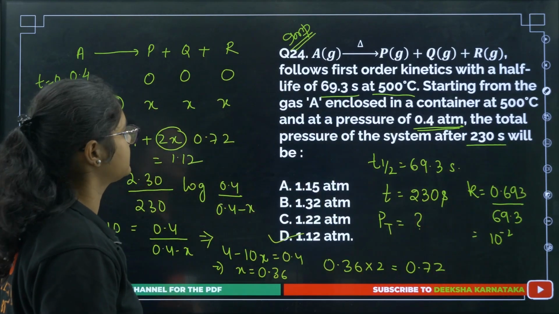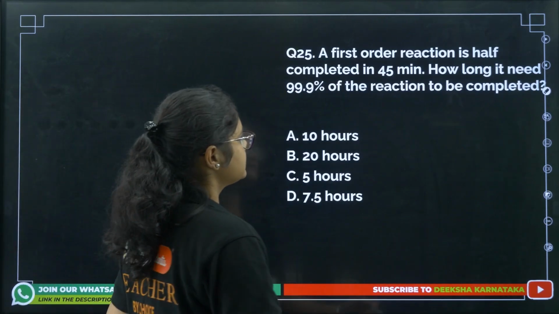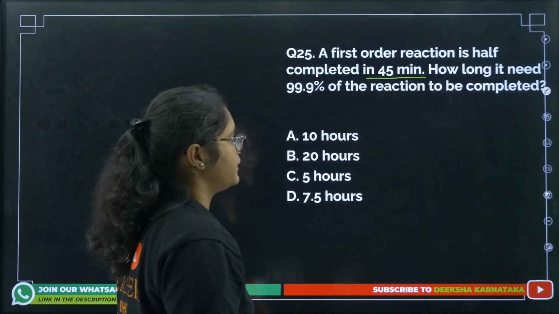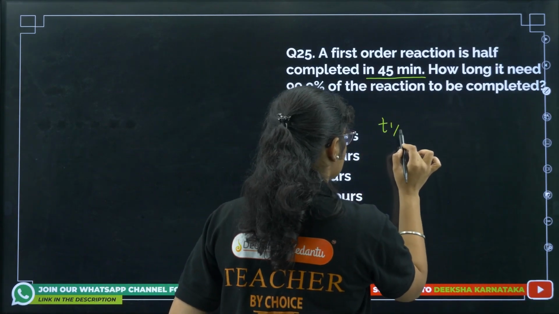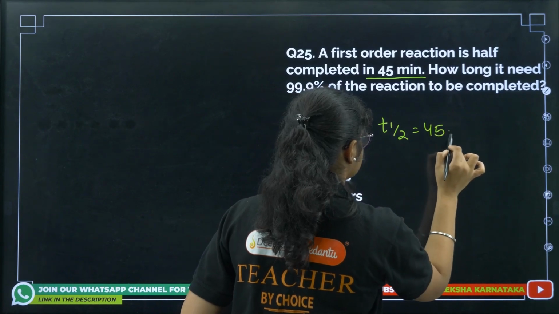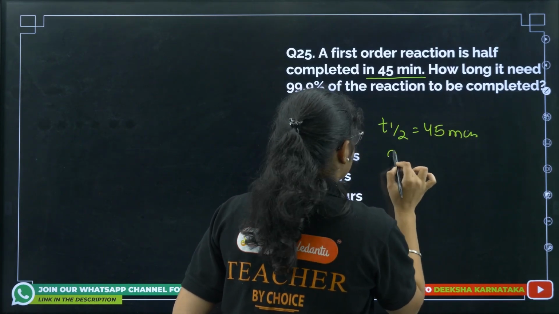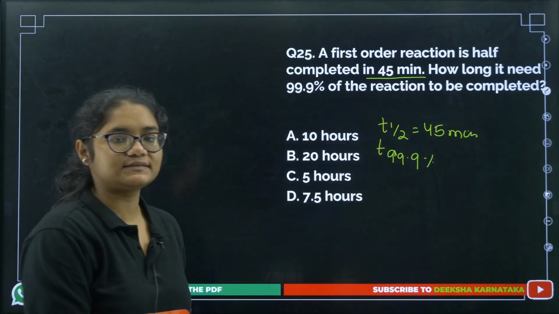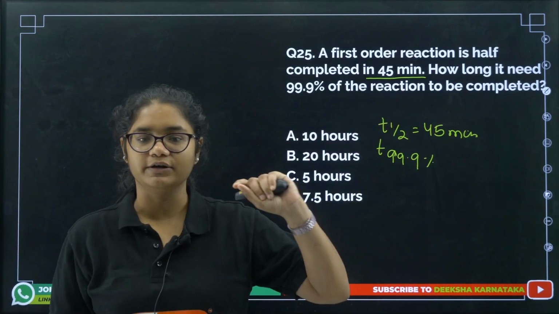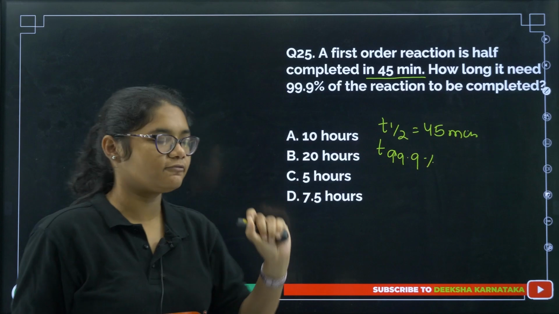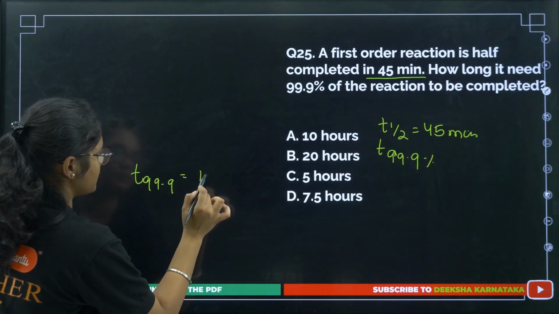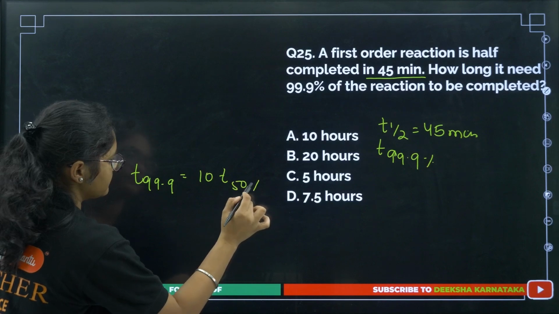Now next question. A first order reaction is half completed in 45 minutes, which means T half is 45 minutes. Now 99.9%. For solving this question, you need to know a very important formula: T 99.9% is equal to 10 times T 50%.